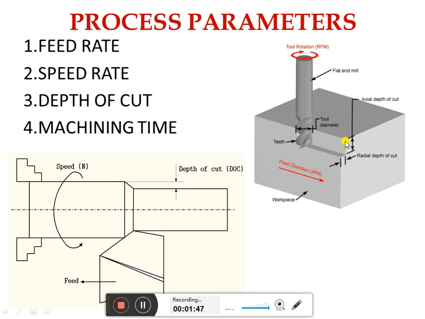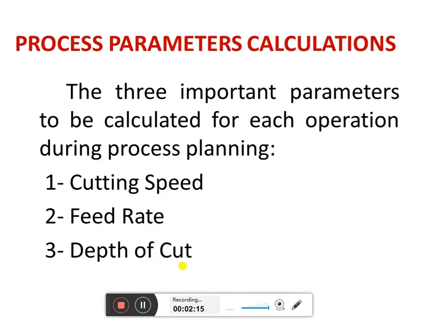We are removing the material from the top surface, and this rotation of the tool we call tool rotation, and the rate of material removal is the feed. But in the lathe machine, that is the turning process, there is the feed, the depth of cut you are giving to remove the material, and the speed. So these are the basic process parameters.